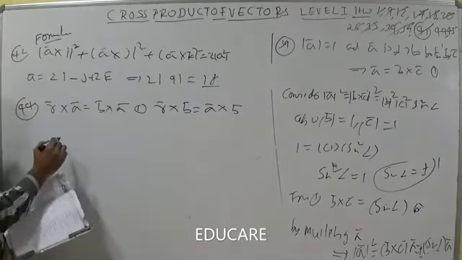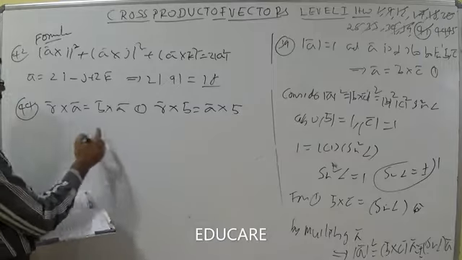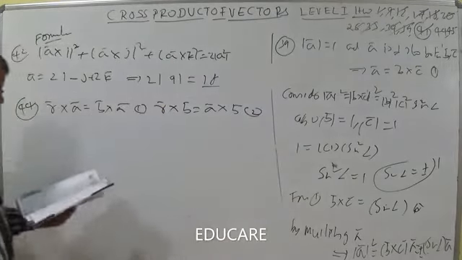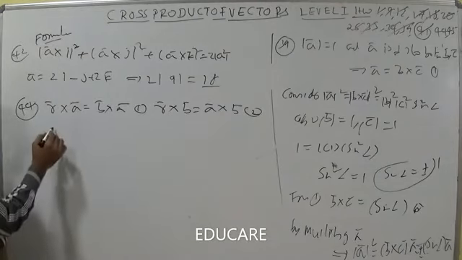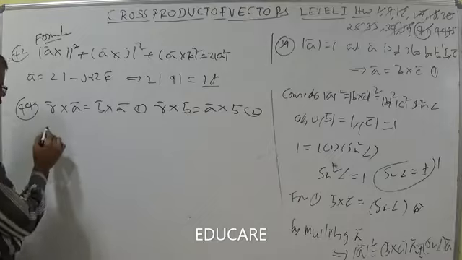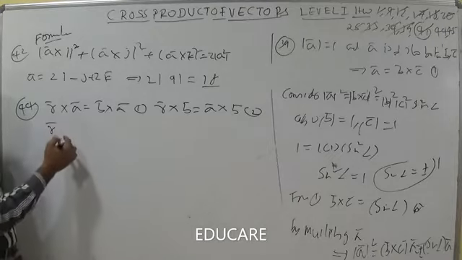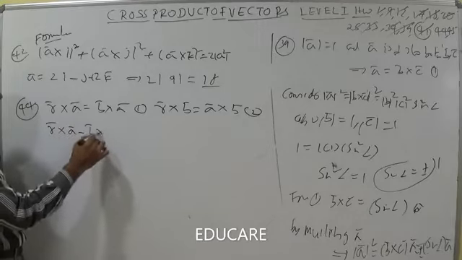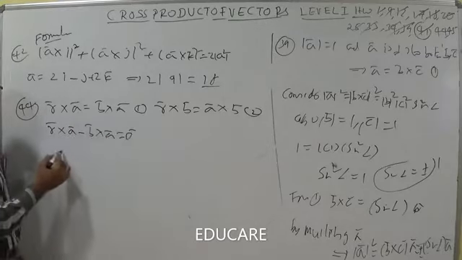So let us write this one. R bar cross, first equation and second equation. If we can add the two lines, A cross B plus B cross C. Let us write here, taken this side, R bar cross A bar minus B bar cross A bar equal to 0 bar.